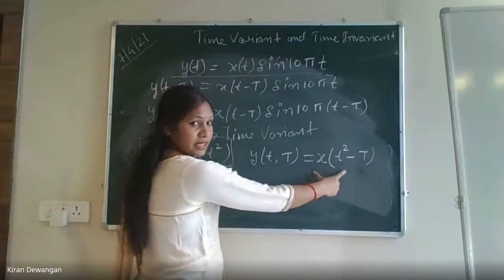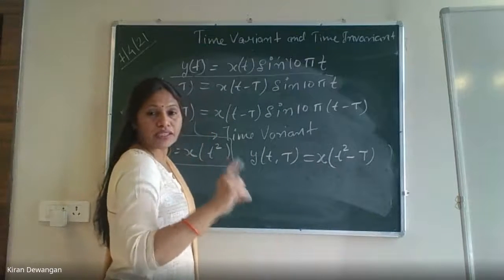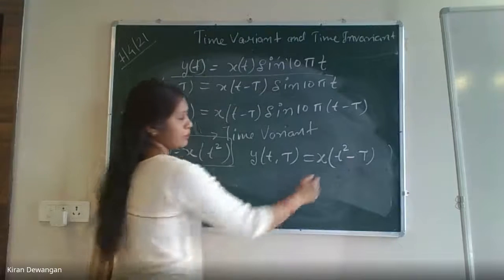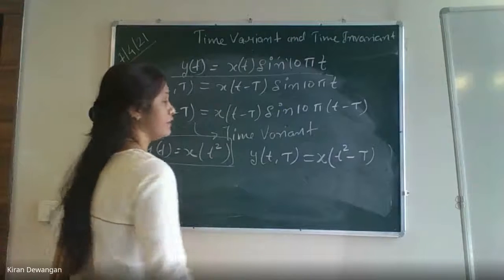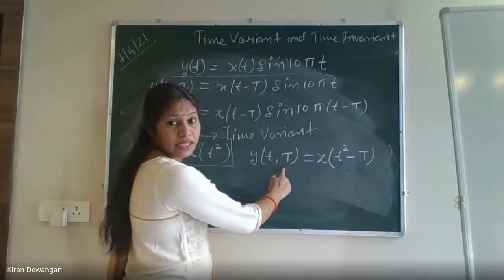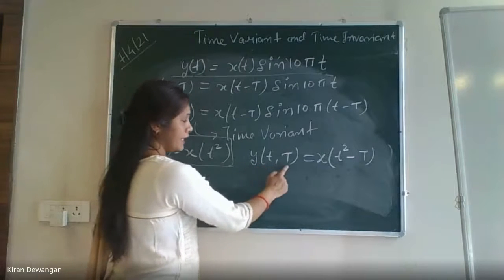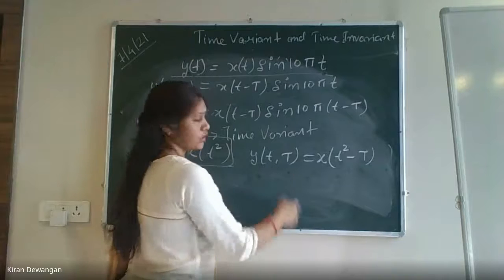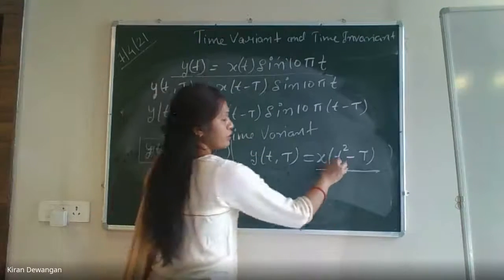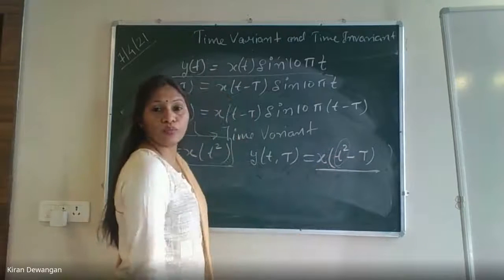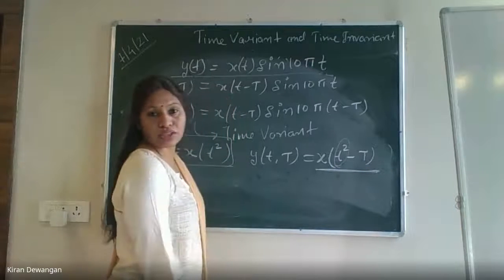Whatever your t square term is, it's just a t square, any value. So it will be t square minus T. Just listen carefully here, everyone. y of t with shift in the input: whether it is t square or t cube or 2t, whatever it is, it will be completely t square minus T. Clear?